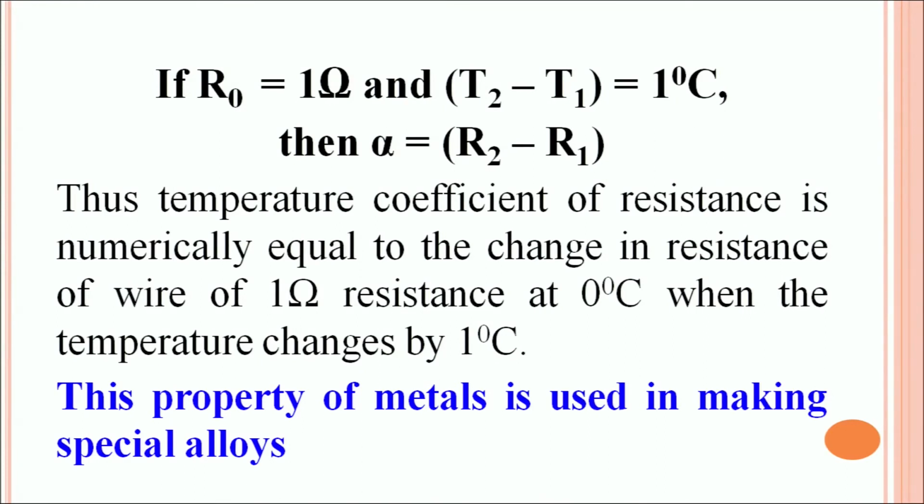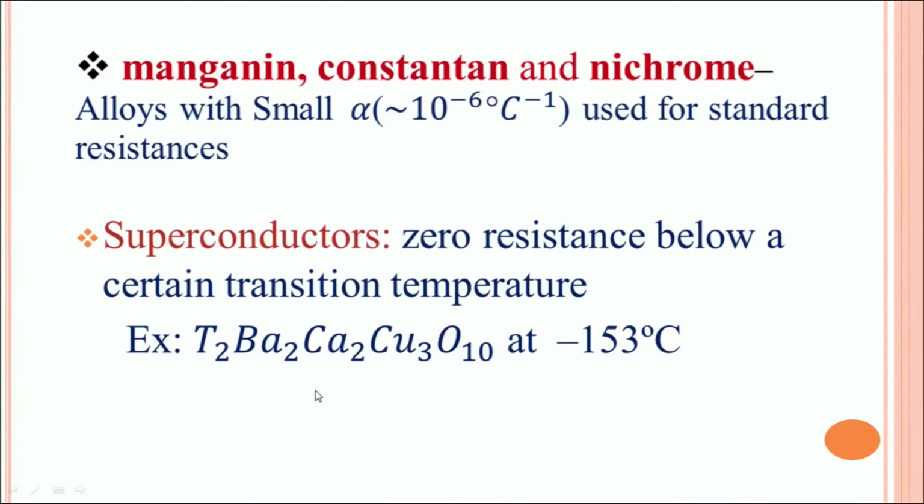Fine. And using this concept, understanding the value of alpha, we can make alloys of metals which can be used for special properties. For example, manganin, constantan and nichrome are special alloys of metals which are designed to obtain small values of alpha, typically of the order of 10 raised to power minus 6 per degree centigrade, and this is used for making standard resistances, right?